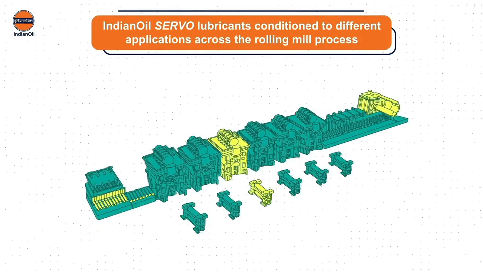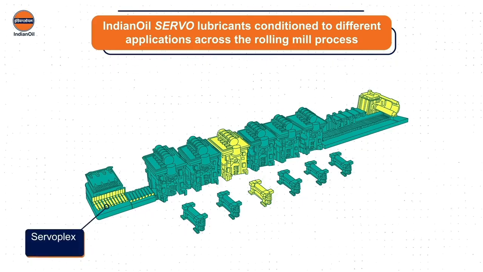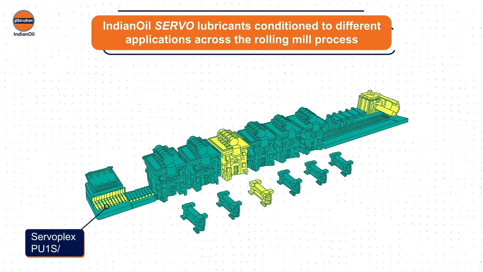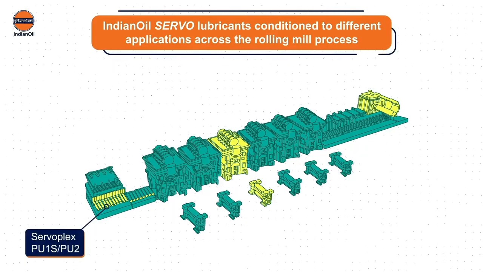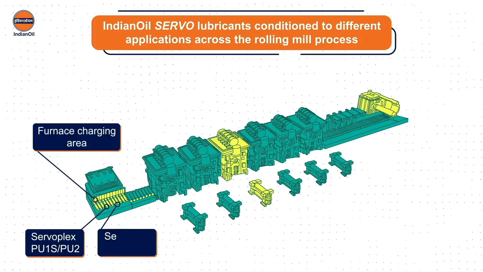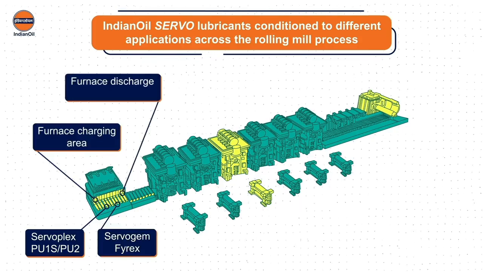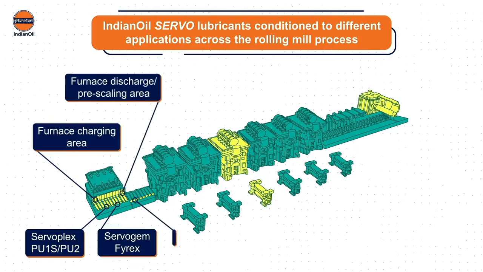Adding onto these, lubricants such as Servoplex PU1S or PU2 are used in the furnace charging area. Servogem Firex is used in the furnace discharge or pre-scaling area.